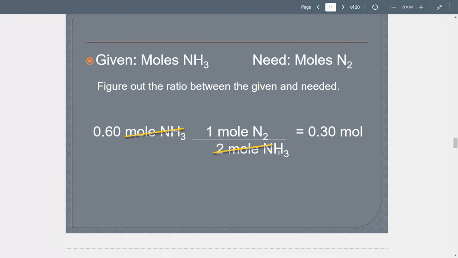When you continue this, what's going to go on the bottom? Moles of nitrogen. Remember, whatever is on the bottom has to be the same so that those cancel. And then what am I converting to? Grams of nitrogen. When you're converting moles to grams, what number always goes with mole? 1.